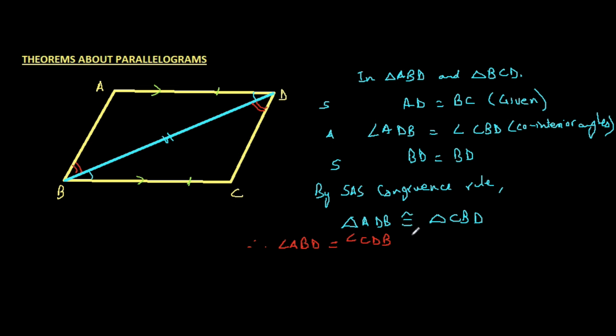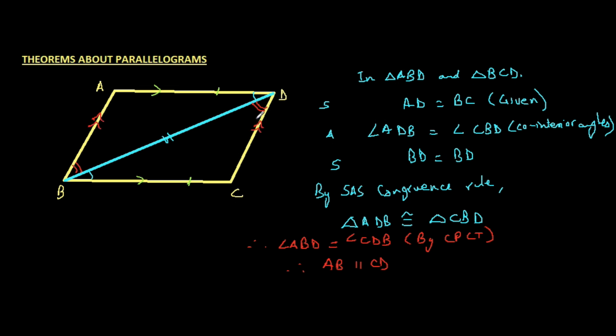We can say by CPCT, which again stands for corresponding parts of congruent triangles. So if they are equal, AB and CD are the lines and BD is the transversal. And therefore we can conclude that AB is parallel to CD. So this means that this is parallel to this.